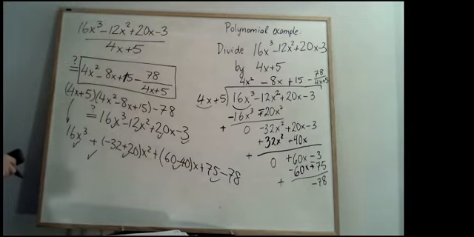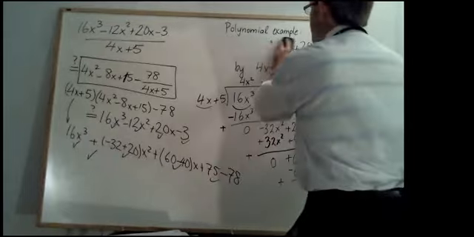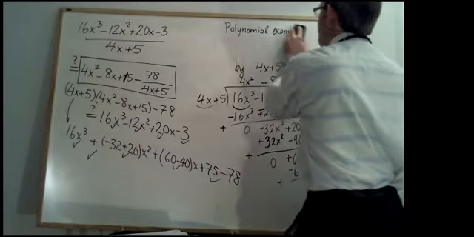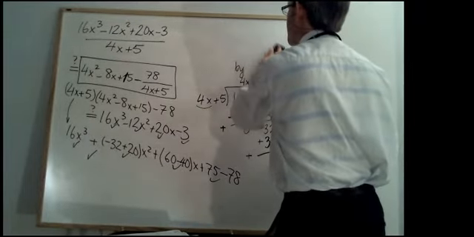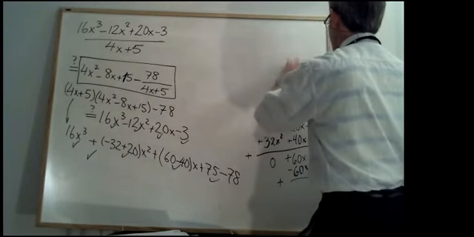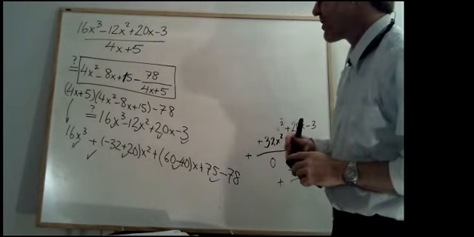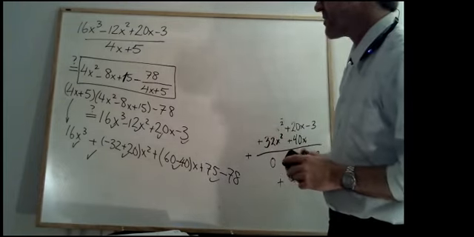Now let's look at another way of doing these division problems, and that's using so-called synthetic division. Synthetic division is simply a way of writing down the coefficients without writing the powers of x anywhere.